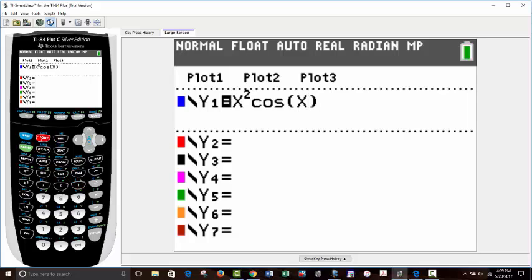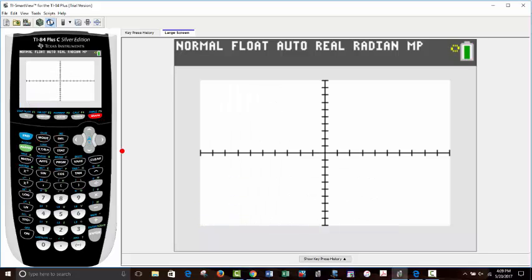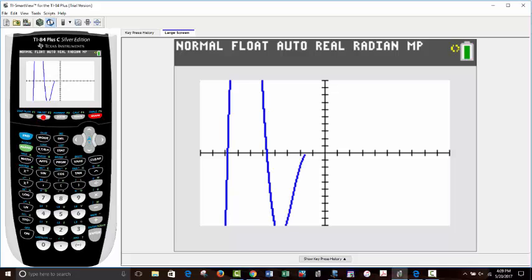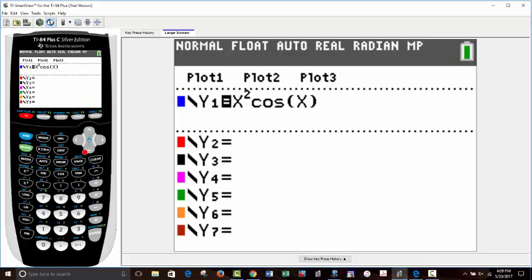And let me make sure my mode's in radians. All right, you always want to graph in radians. And got a lot of interesting looking graph. Oh, let me put the equation of the line in there.